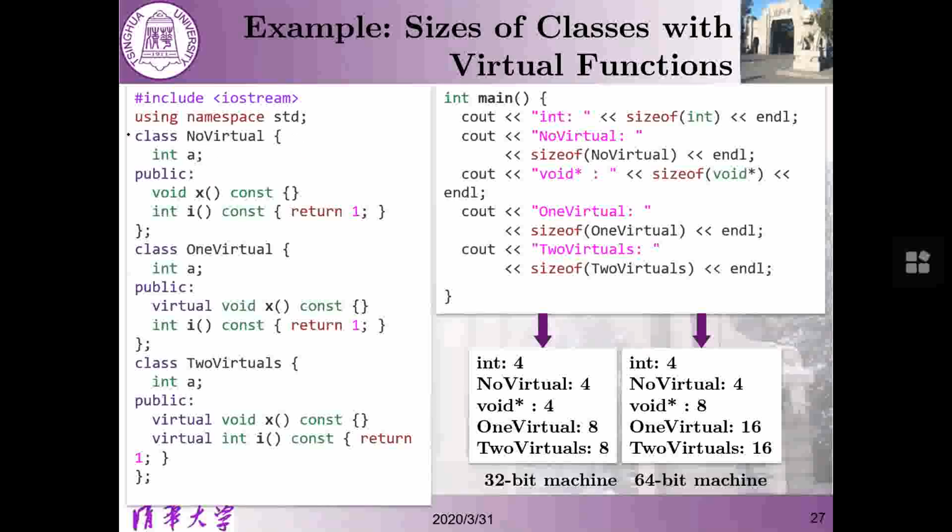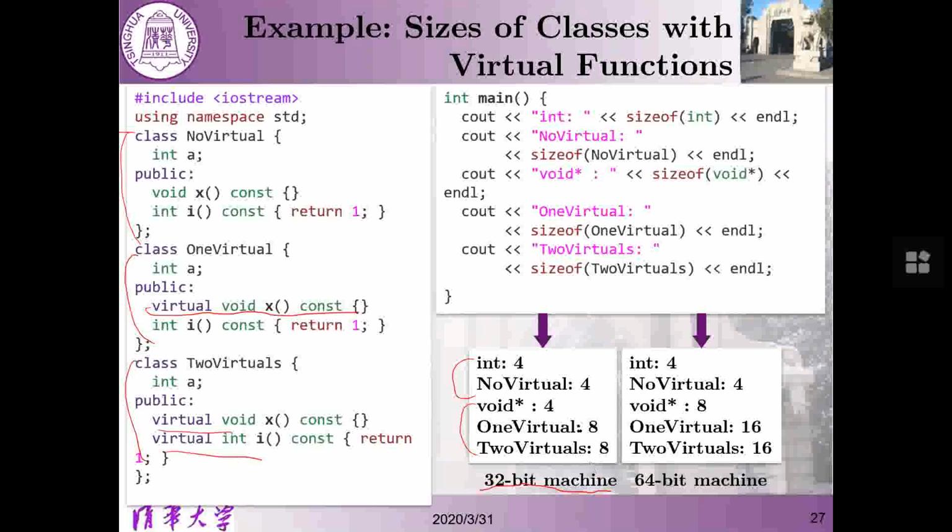Then in this example, we have a class with no virtual, a class with one virtual function, and a class with two virtual functions. Then we print the size of integer, no virtual, one virtual, and two virtual. The results are different for different machines.